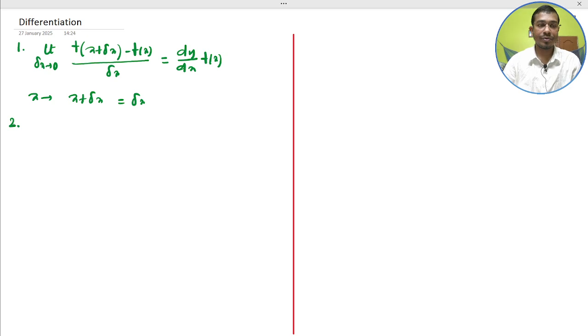Now the important formulas. d/dx of c, a constant, should be 0.